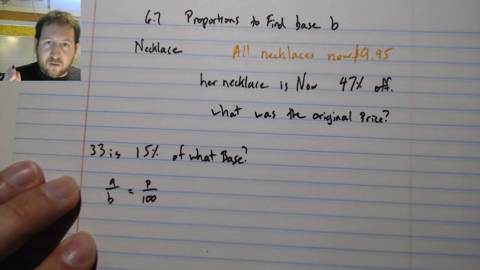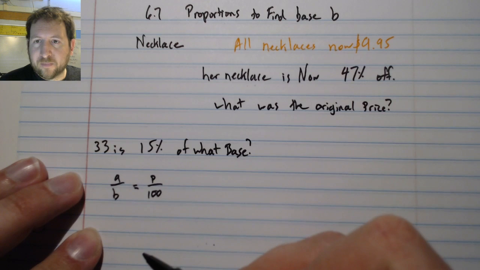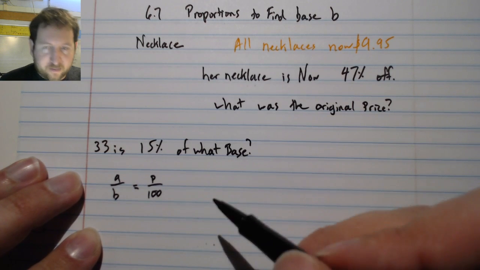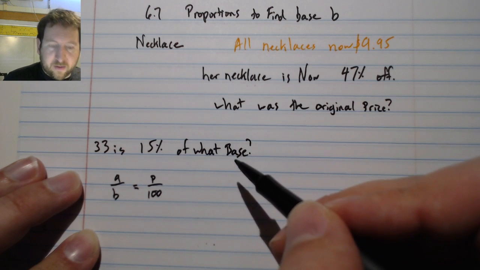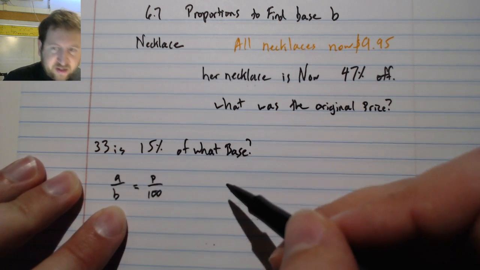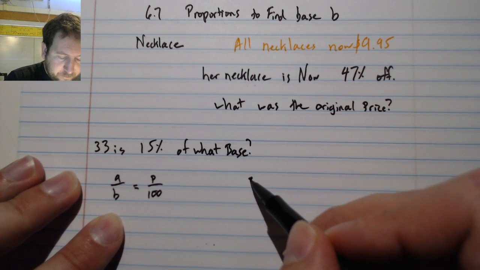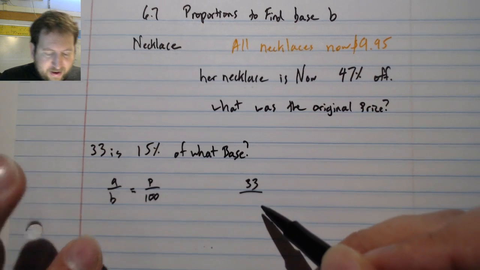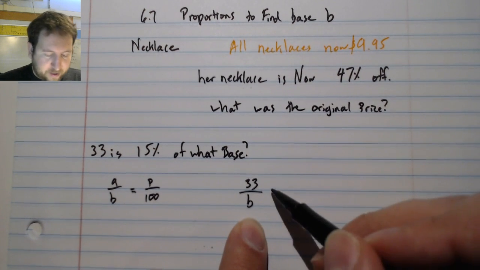Okay, so the number that we've got now is, we have 33 is 15% of what base? Okay, I know 33 is the number that I have, so I can put that in for A. Now, I don't know what the original number was, so I'm going to put that on the bottom.